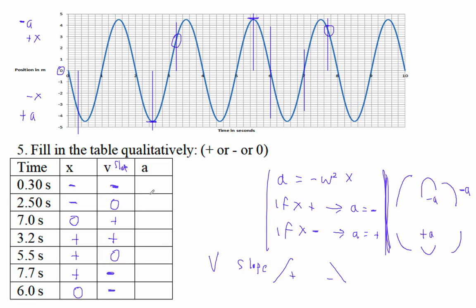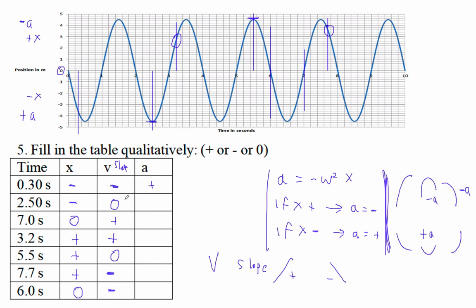Okay. And by the way, the accelerations are just going to be the opposite of these guys. But let's just go ahead and look. Okay. So at 0.3 seconds, notice that that is concave upward, right? So that's going to be a positive acceleration. It's also positive because if x is negative, the acceleration is toward the equilibrium, which in this case would be positive.